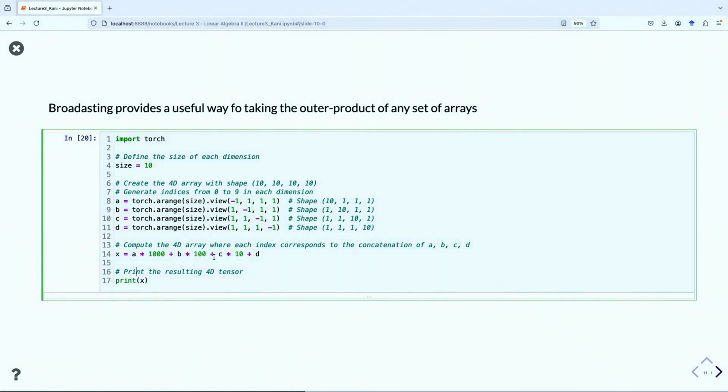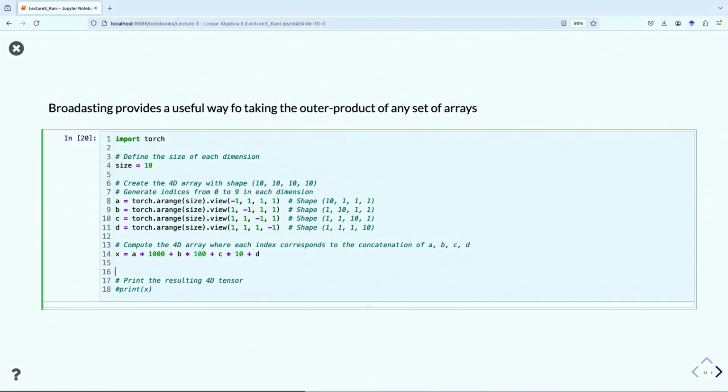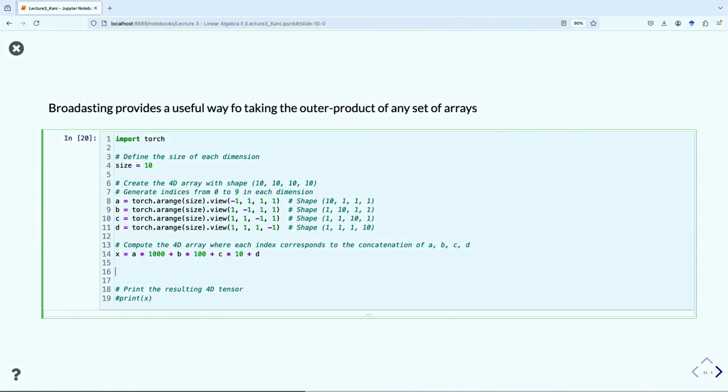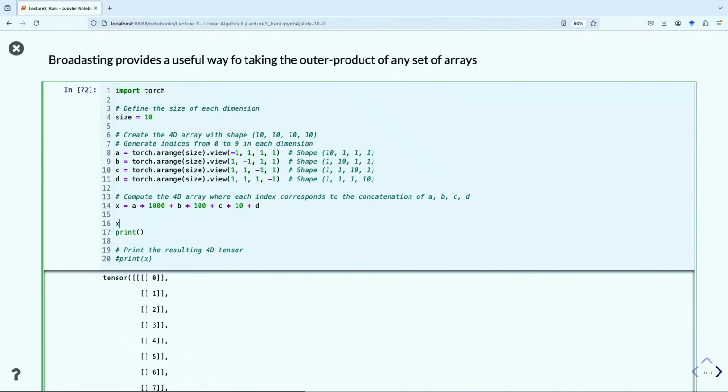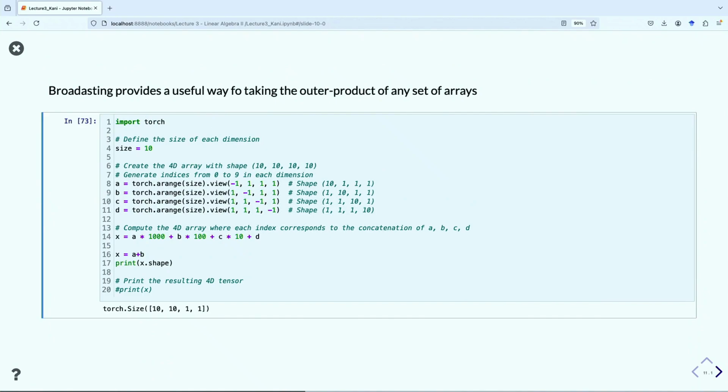In fact, let's do that. Print A plus B. Let's just do the shape, x.shape.